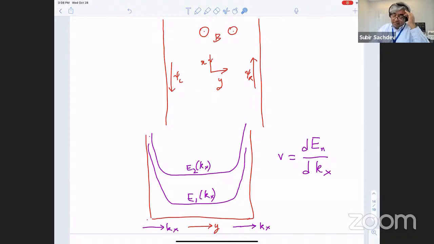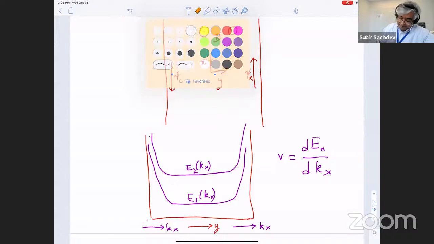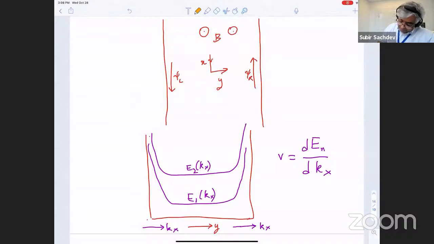In any given system, there'll be some chemical potential mu. This is your chemical potential, and that tells you that all these states here are filled in equilibrium. Okay, so that's the situation in equilibrium.